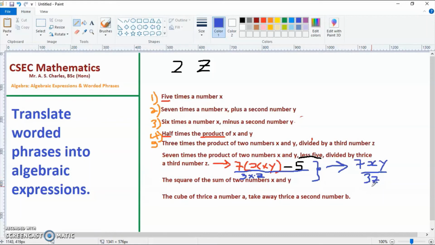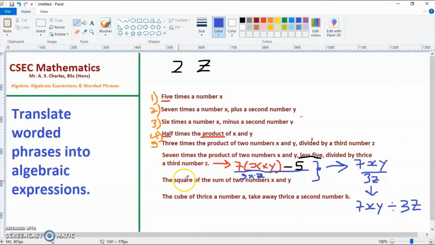As I stated, it can also be written as 7xy, with a division sign, 3z. And that's our answer.